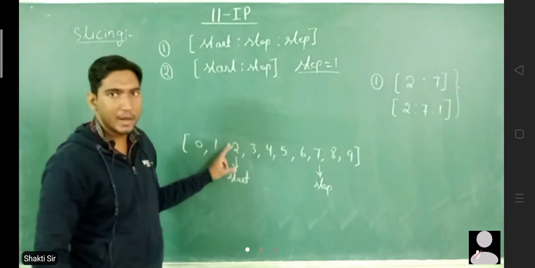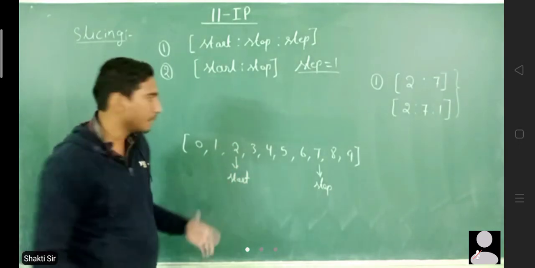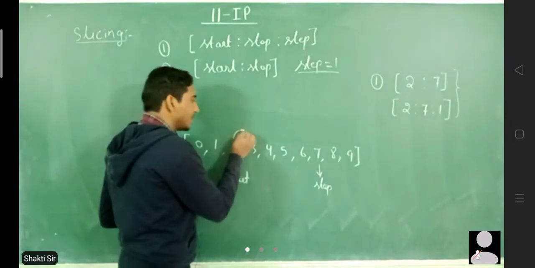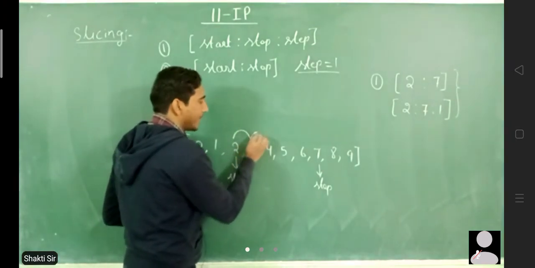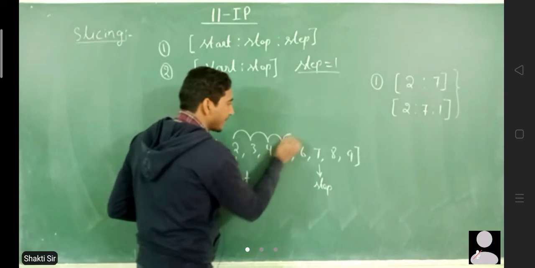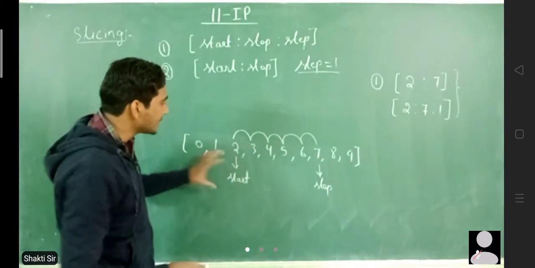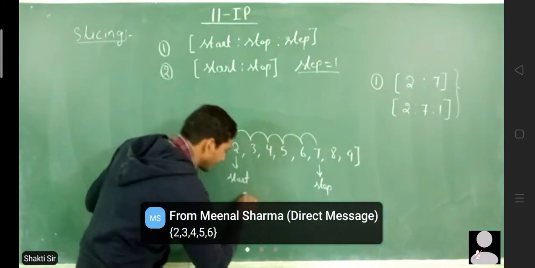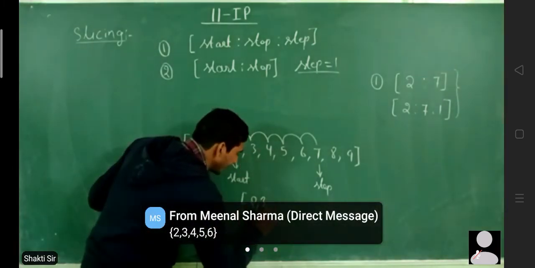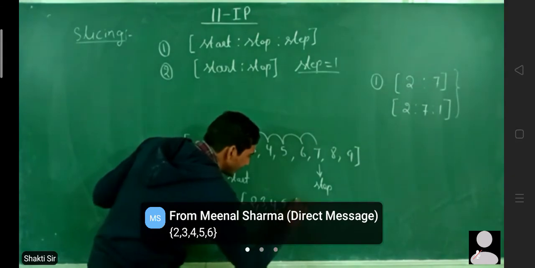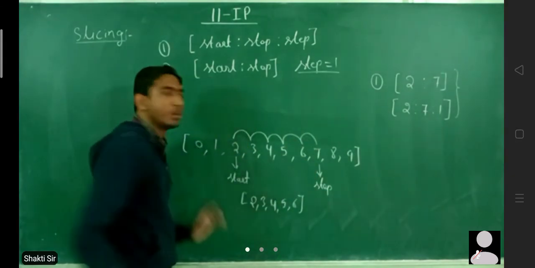Start from here and take a step of 1: one step, again one step, again one step, again one step, and again one step. So the answer will be 2, 3, 4, 5, 6, and 7 will not be included.